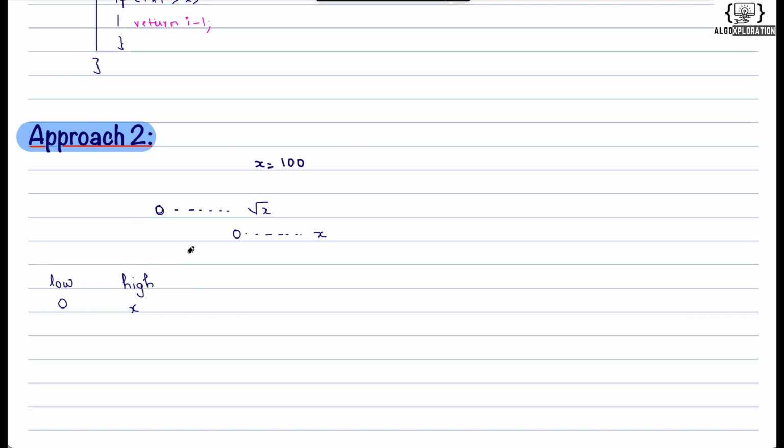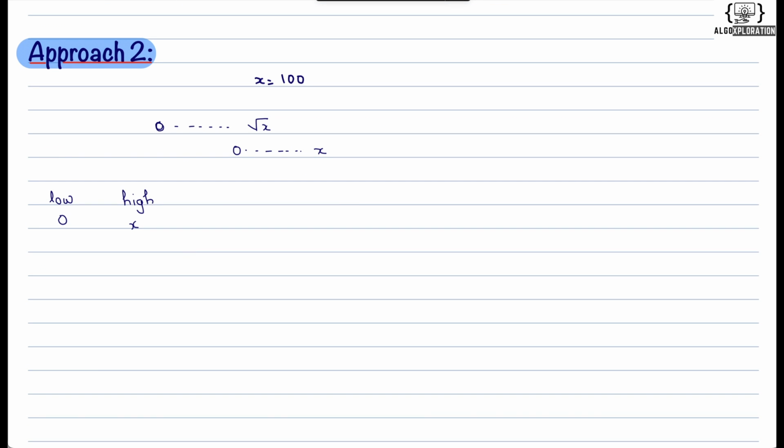I hope you got this. So here in this case, the value of x is 100. Now mid will be 50, right? Now we need to find the square of this 50, which is obviously much greater than the value x.